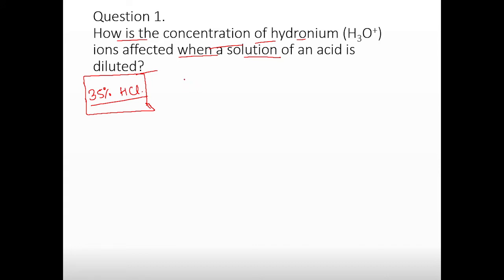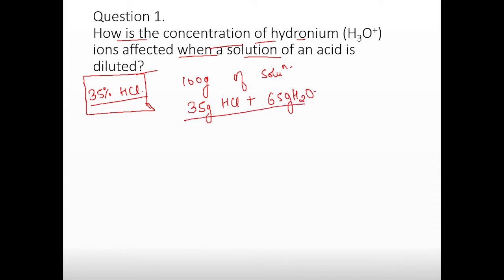It means that every 100 gram of solution of this container will contain at least 35 gram of HCl and 65 gram of water. Okay?